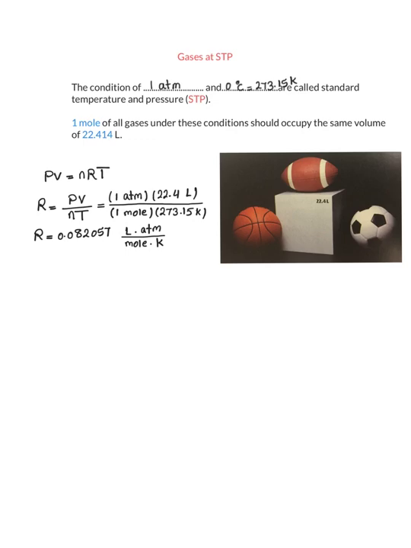Putting these conditions in the PV equals nRT ideal gas formula, we can calculate the value for R. The wooden cube on the right shows the volume of 22.4 liter, which is the volume of 1 mole of a gas at STP condition, and you can compare that volume to known objects such as a basketball and football.